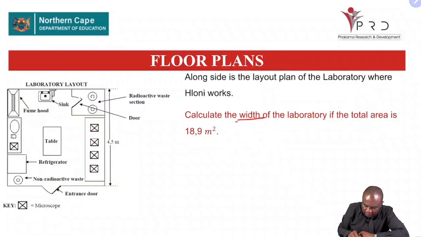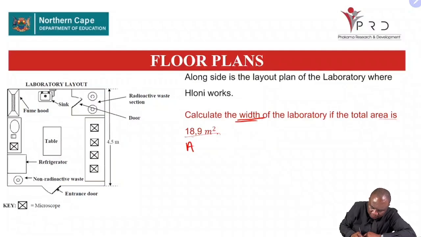Calculate the width of the laboratory if the total area is 18.9 square meters. We're given area here, and the formula for area does not change. Sometimes you have to manipulate the given formula, it's not always that you substitute and calculate.